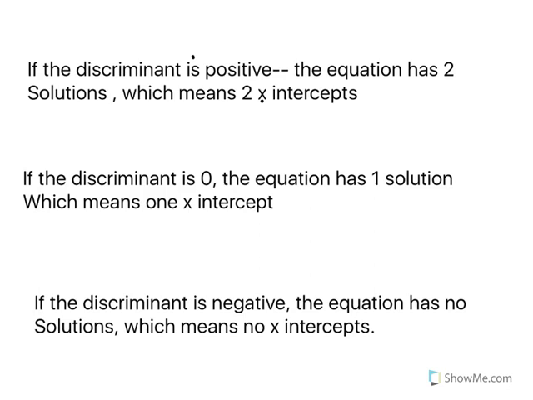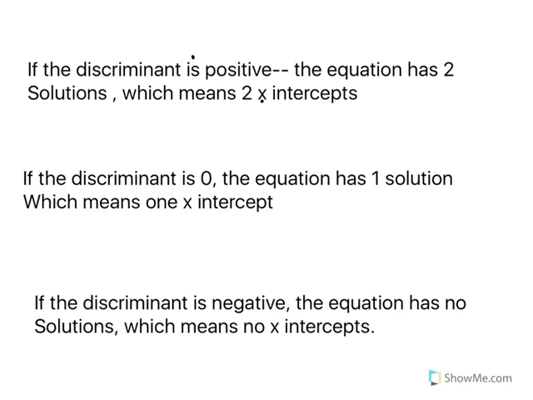Whatever the answer is to b squared minus 4ac is going to tell us how many times the parabola hits the x-axis. If I get a positive number for my b squared minus 4ac, then the parabola is going to hit twice. That'll be the most common, because parabolas hit twice a lot, and especially for teaching purposes, we make it hit twice so it's graphable.